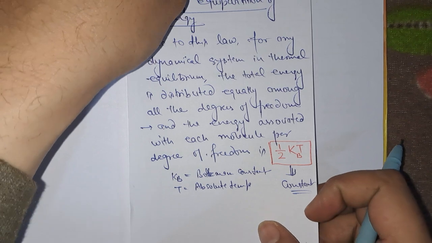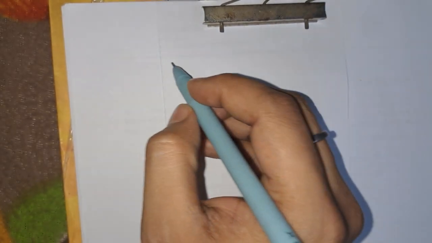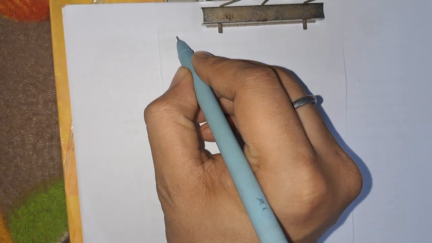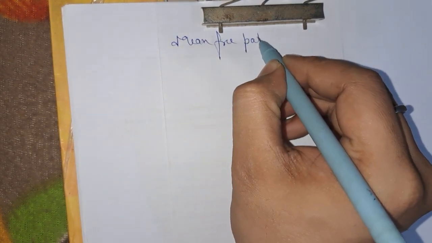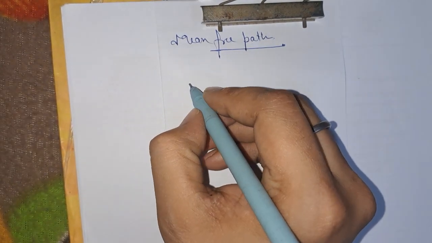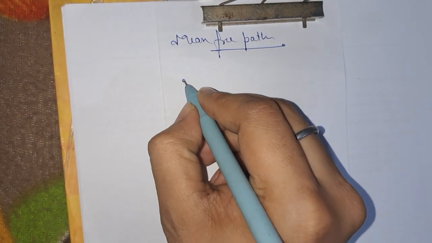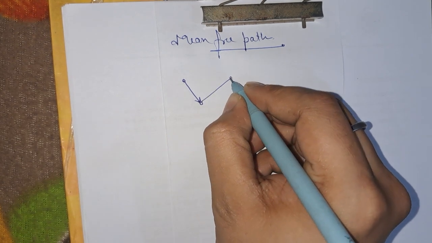Now let us talk about mean free path. What is this mean free path? As we have discussed, during the motion of the particles within the system of the gas, let us say that particles are continuously colliding.